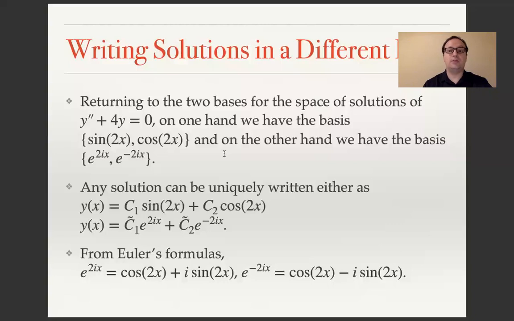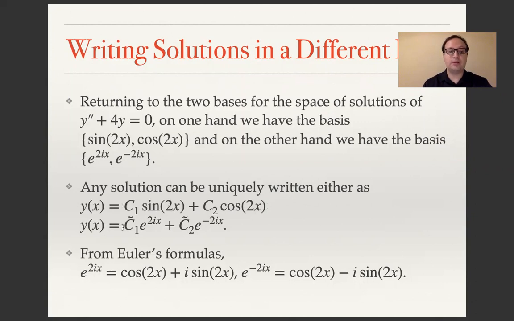So now that we have these formulas for the complex exponential and for sines and cosines, let's go back to our 2 ways of writing the general solution for the equation. On one hand, we can write the general solution as c1 sine of 2x plus c2 cosine of 2x.